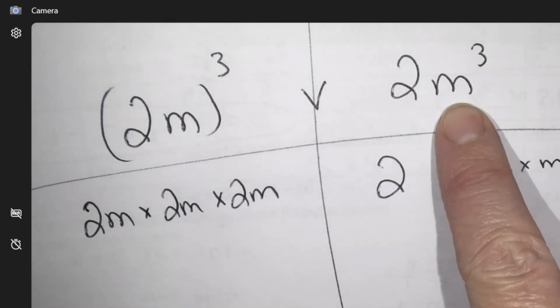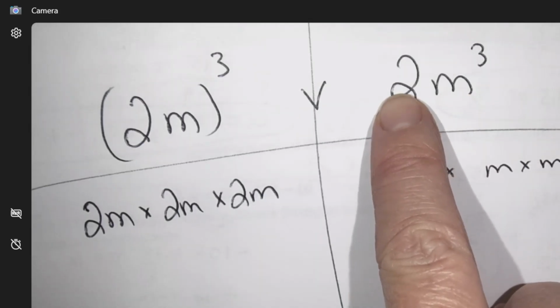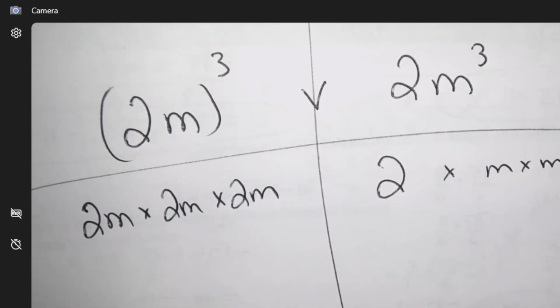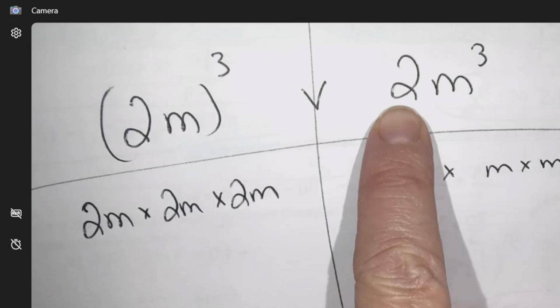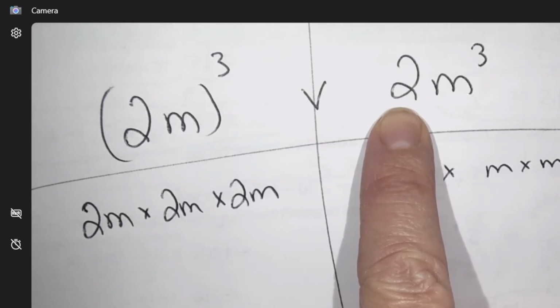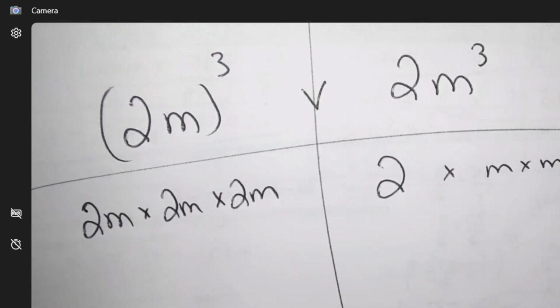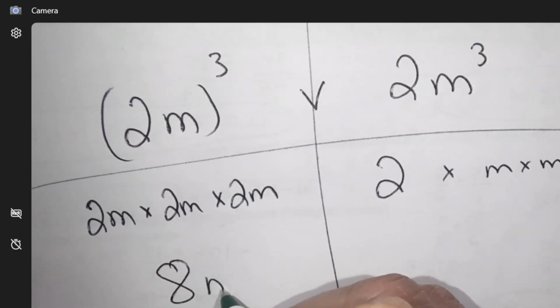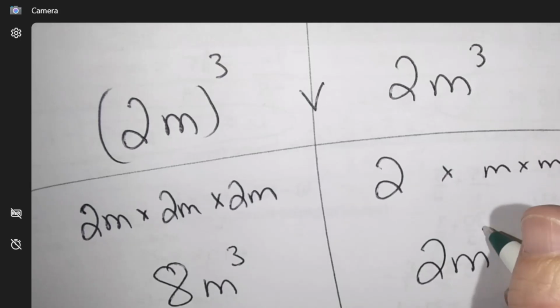This 3 repetition is only dealing with the m repeating; the 2 isn't included in the repetition. Do you see a difference in the format? Okay, so this part is called a coefficient, which is a multiplier, which in BEDMAS is do it after. So my final answer on these, this one would actually be 8m cubed, and this would be 2m cubed.